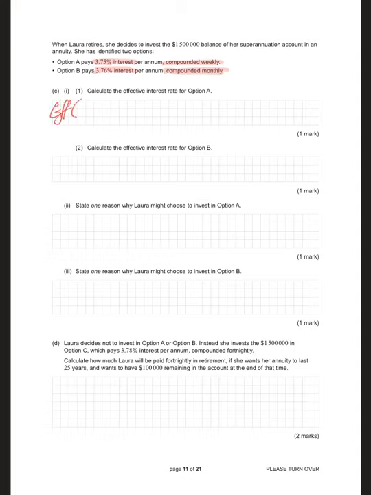EFF, bracket, nominal rate, 3.75, comma, number of compounding periods per year, which is 52. So apps, finance, scroll down to C, which is EFF, 3.75, comma, 52. Gives you 3.82%, 2 decimal points. Effective rate.